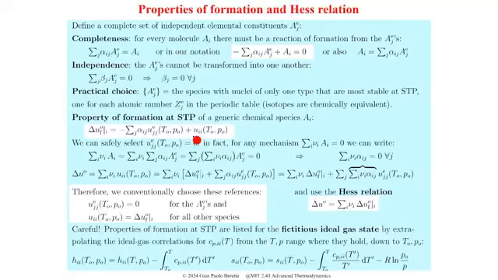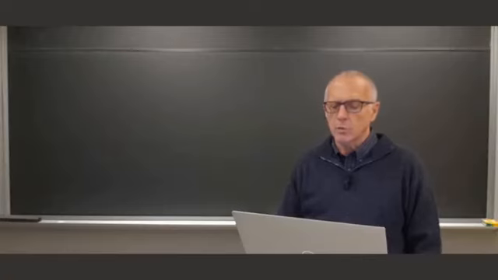Okay. Now, it turns out, and this is the good practical aspect of this choice, that you can safely, arbitrarily select a reference value for the property at STP of the elemental species.